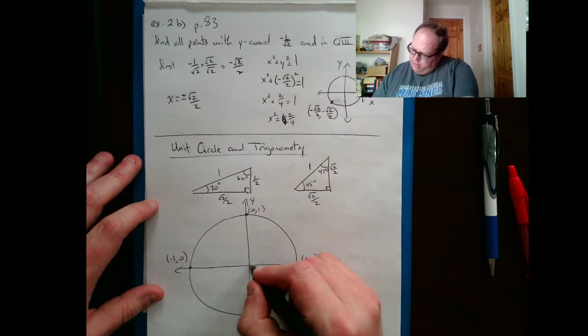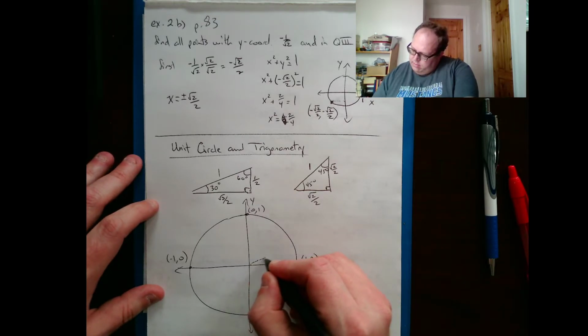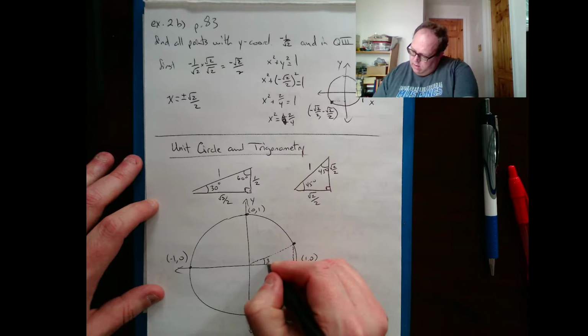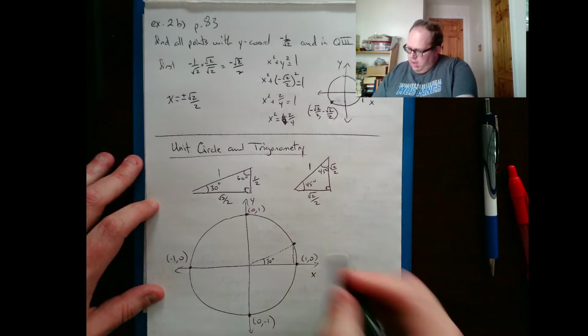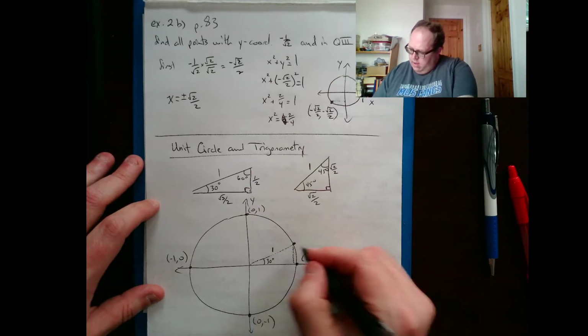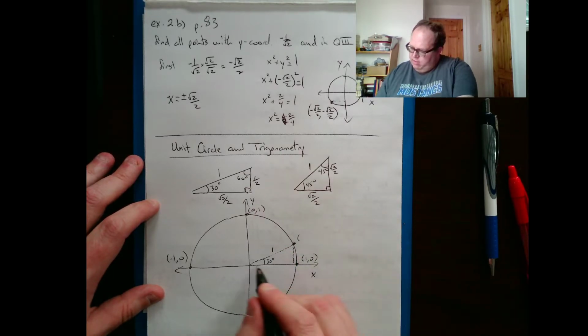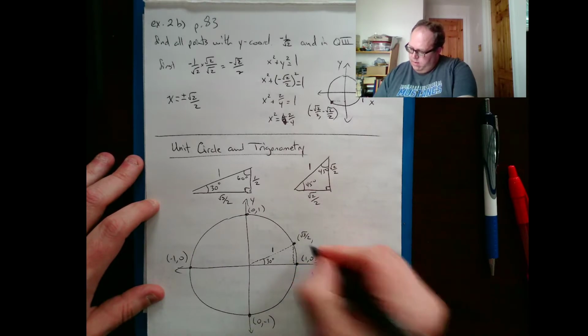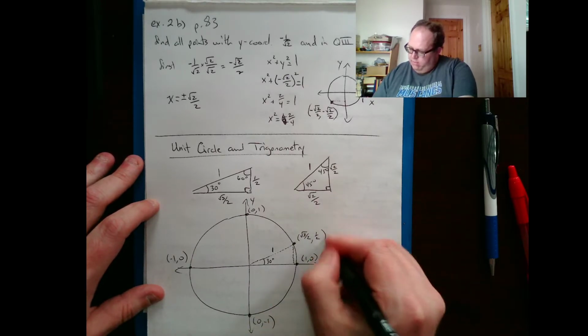If I come up 30 degrees, and since it's a unit circle, I know the radius is 1, that means I can show that this point is going to be at an x value of √3/2 and a y value of 1/2.